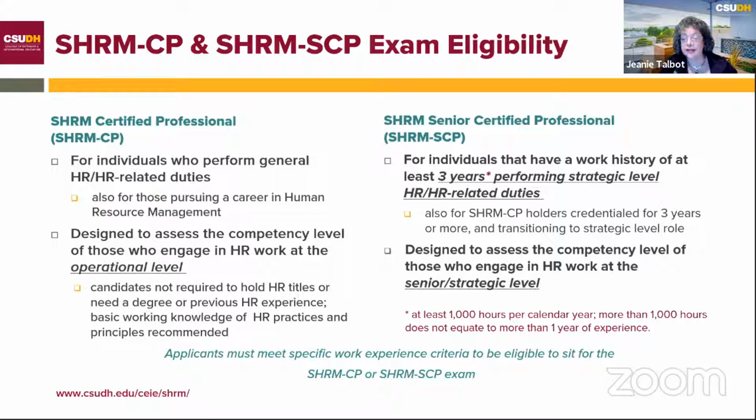Part-time work qualifies as long as the 1,000-hour per calendar year standard is met. Work experience may be at the salary or hourly pay classification. SHRM CP holders credentialed for 3 years or more, and transitioning to a strategic level role, may also be considered.